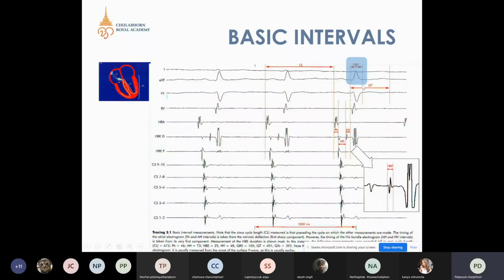Next, we have to measure the duration of the QRS complex. And the last one, don't forget to measure the QT interval, from the onset of the QRS complex until the end of the T wave.